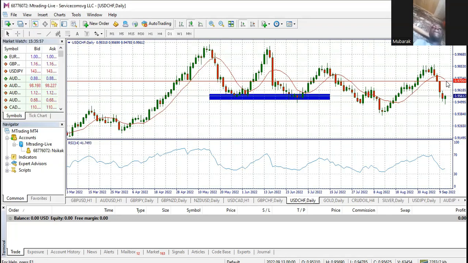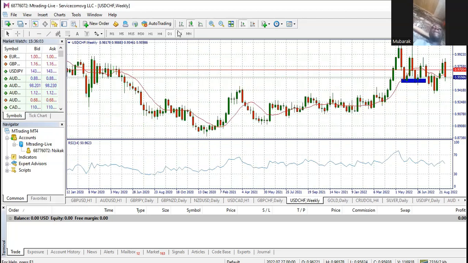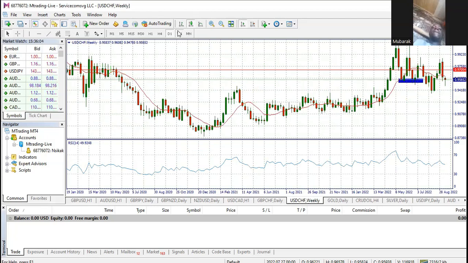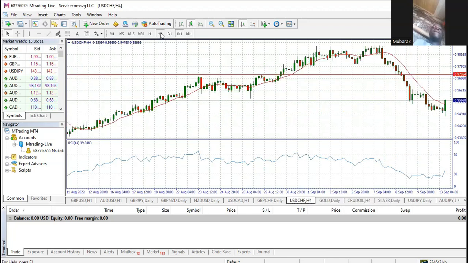The way it's going, it could buy till that region. Let's just keep our eyes on it and see how it goes.